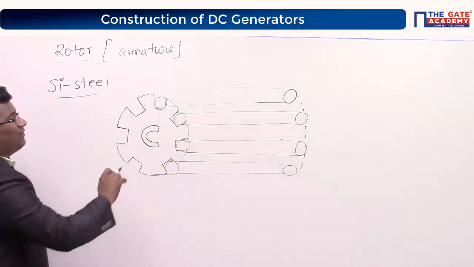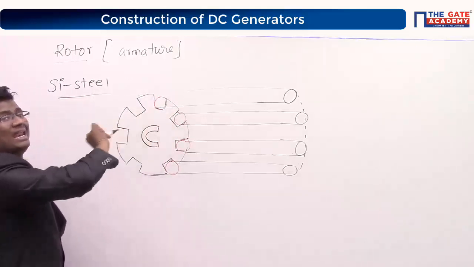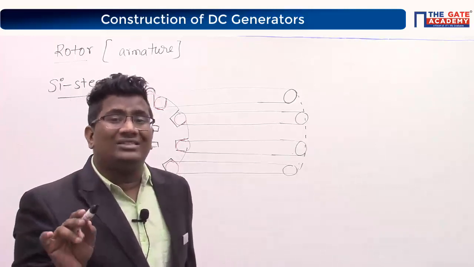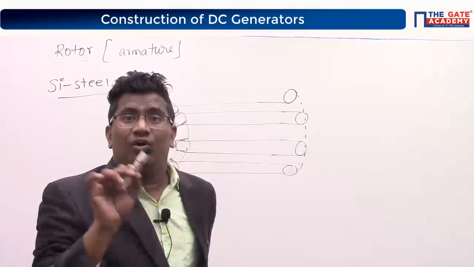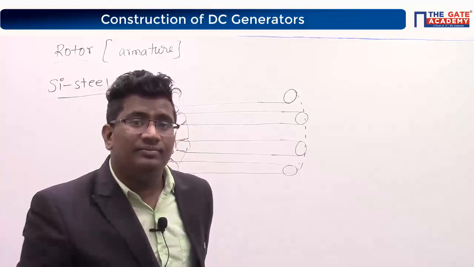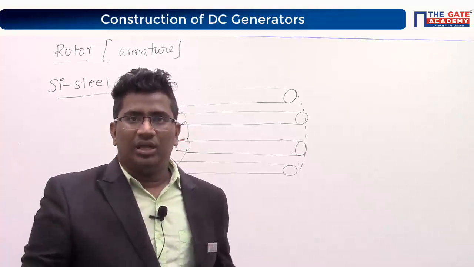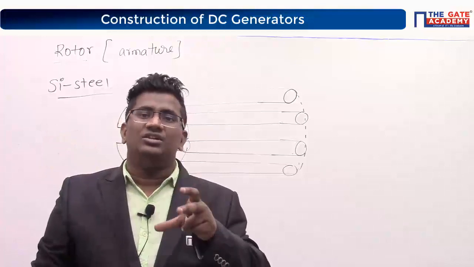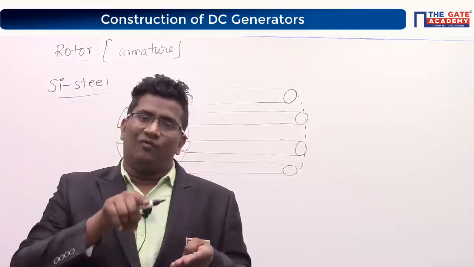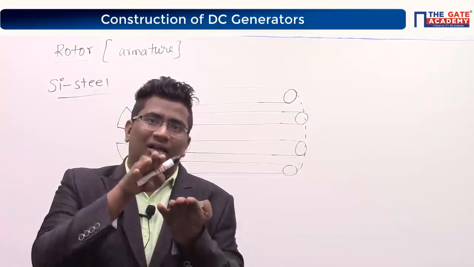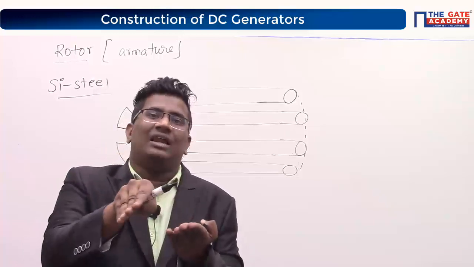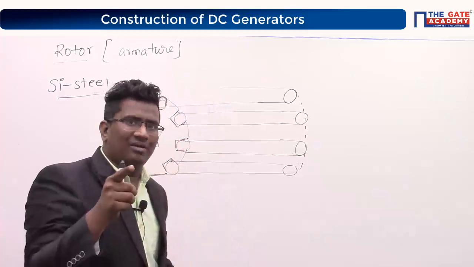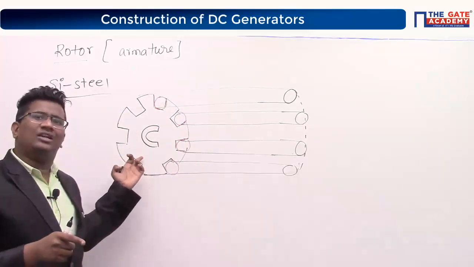Whenever your conductors are carrying current, not only the conductor but the silicon steel of the core, the rotor core, will also conduct. Because your conductor is a conducting material and your silicon steel is also a conducting material, connected together, if this has current then definitely that current will link with the silicon steel core also.